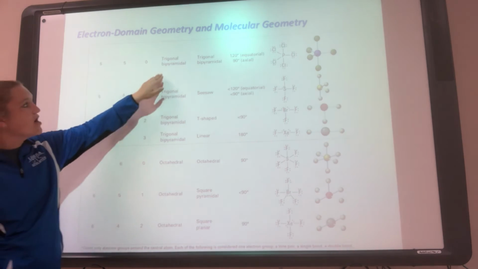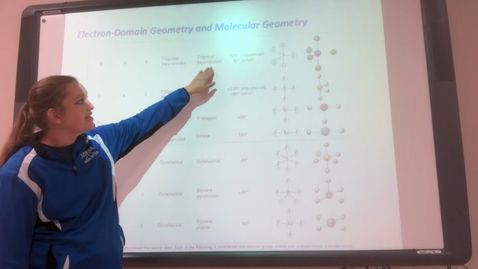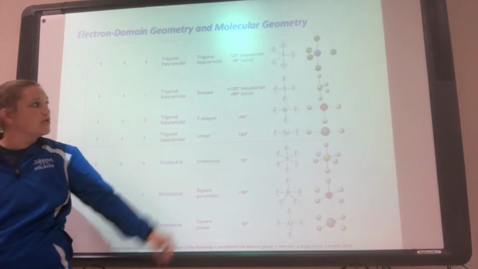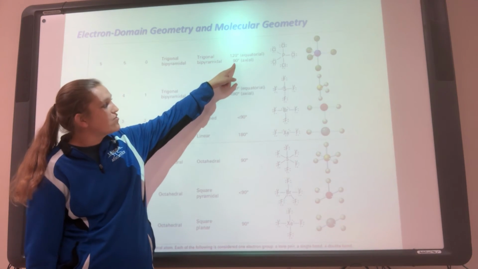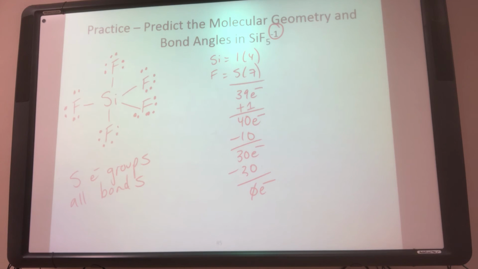My electron geometry is trigonal bipyramidal, but I want the molecular geometry in this problem. So the molecular geometry is trigonal bipyramidal, and my angles are 120 equatorial and 90 for axial. So that's how you use the chart. So if I asked you, your molecular geometry, we said, is going to be trigonal bipyramidal.